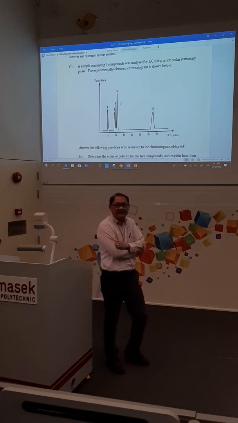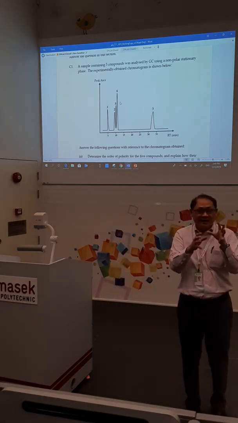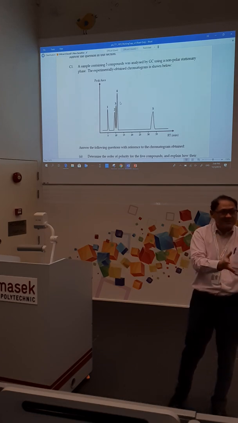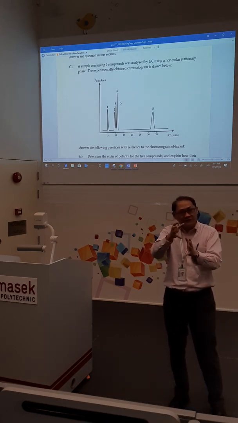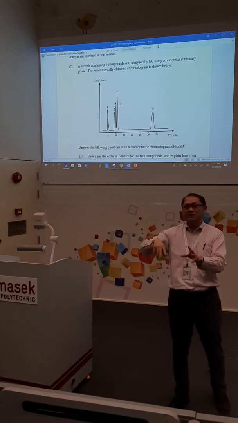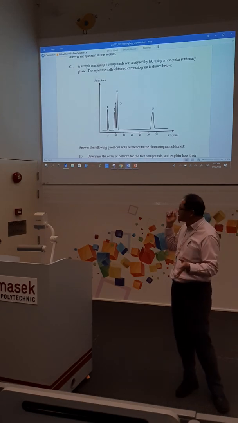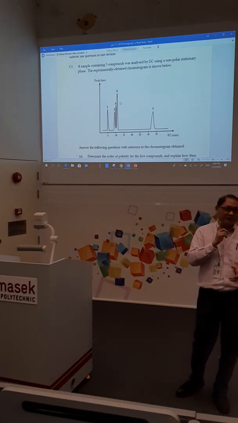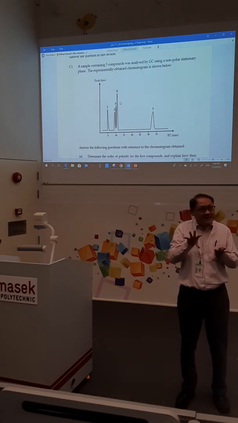Yeah, exactly. So that's why, I said again and again: first part, principle, always relate to principle, and then hardware instrumentation, different kinds of hardware, and then the application, quantification or identification. So go back to principle. Each time we do gas chromatography, the fundamental objective is to separate things.